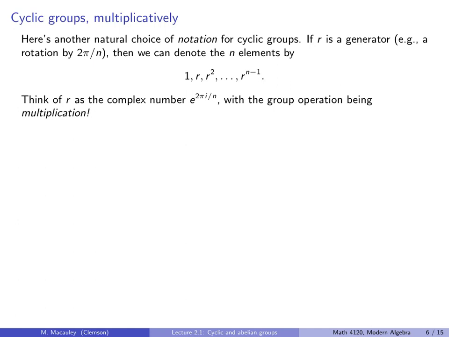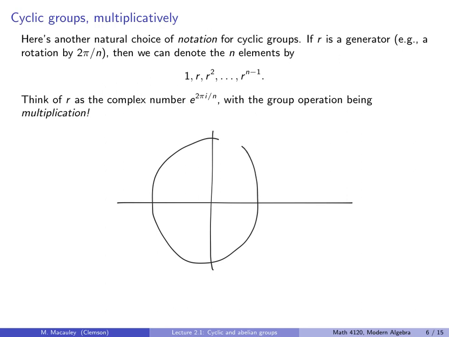If you've studied complex numbers, you can think of r as the complex number e to the 2 pi i over n, and the group operation being multiplication. Now this may ring a bell for some of you, and if it doesn't, that's fine. But if you have the unit circle, then any number like e to the i theta is going to be on the unit circle.